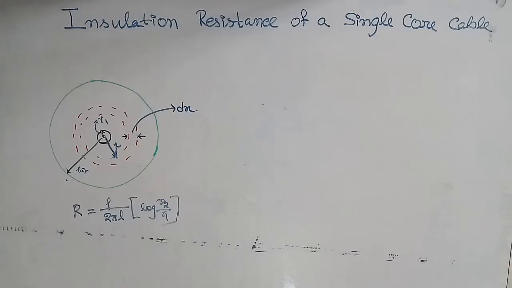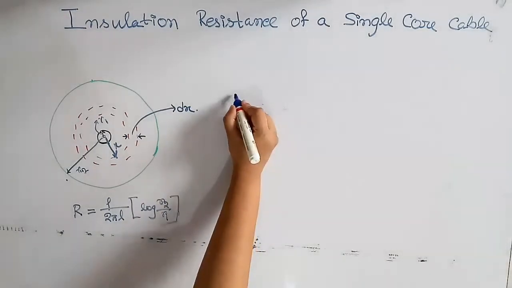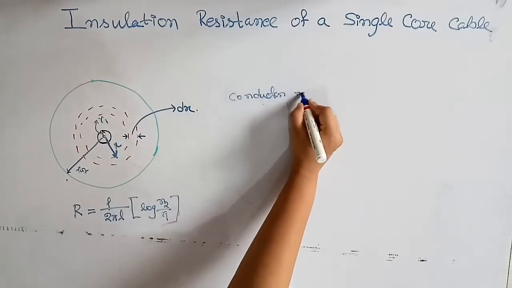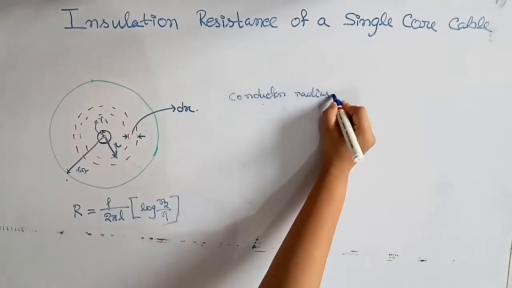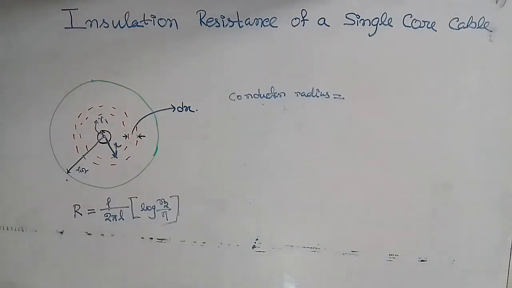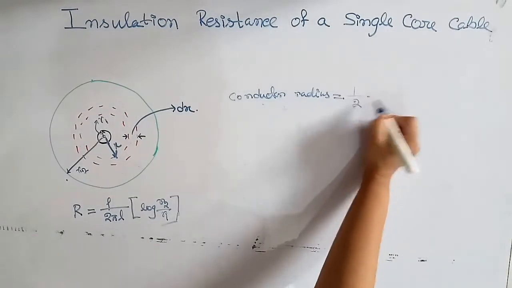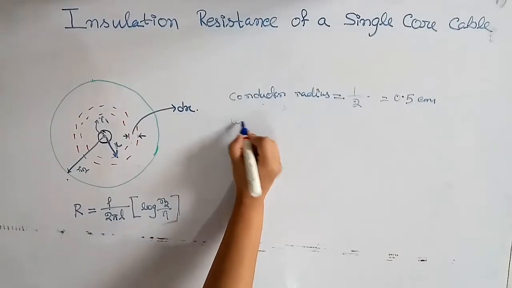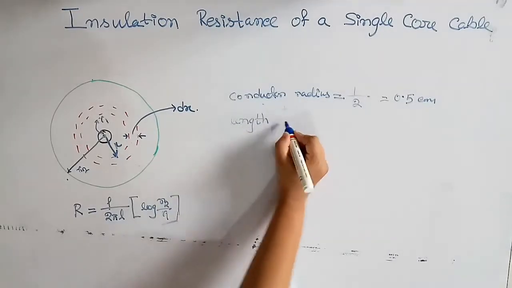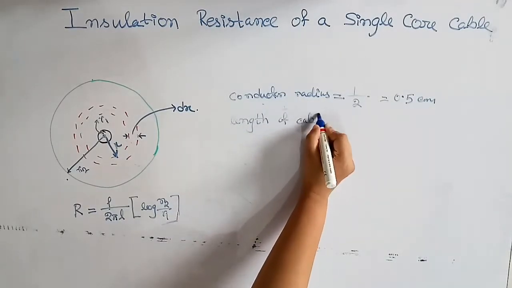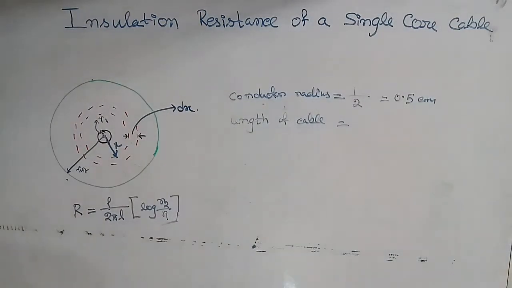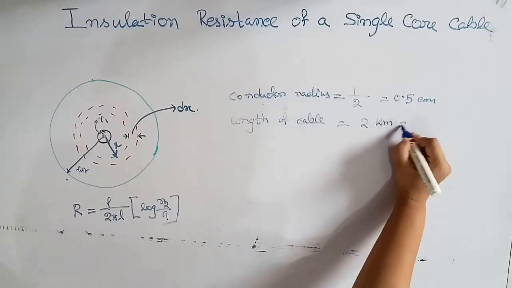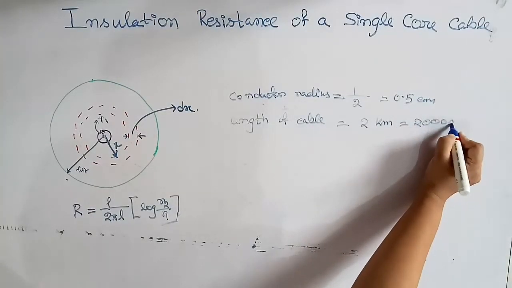So what is the conductor radius? The conductor radius is 1 by 2, that is 0.5 centimeter. The length of the cable is 2 kilometer or 2000 meter.